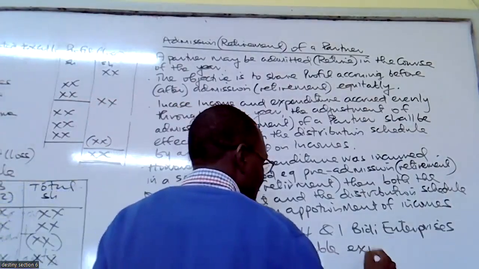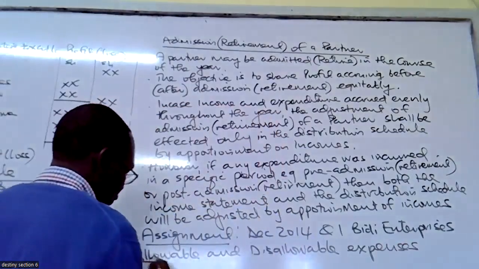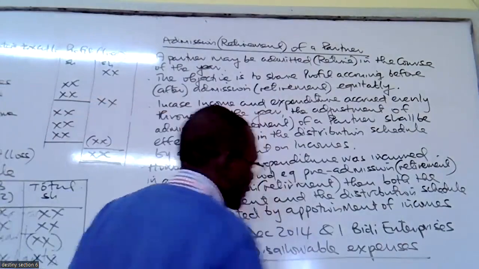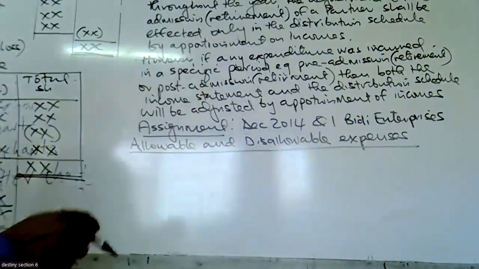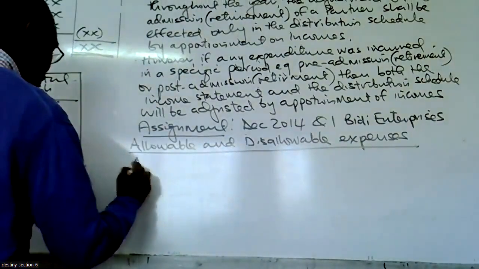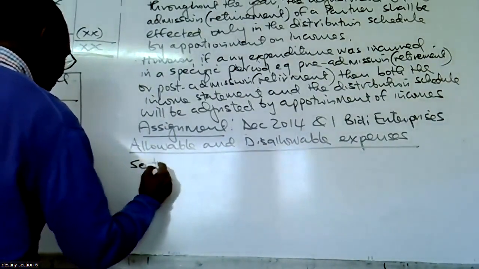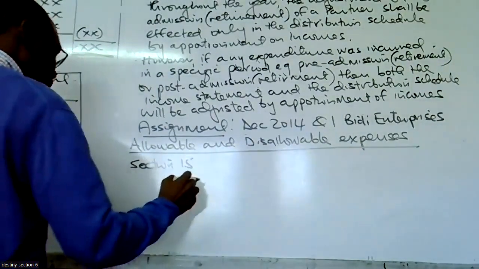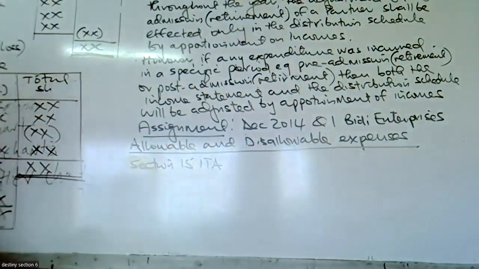We'll start with allowable expenses. This is under section 15 of the Income Tax Act, ITA.